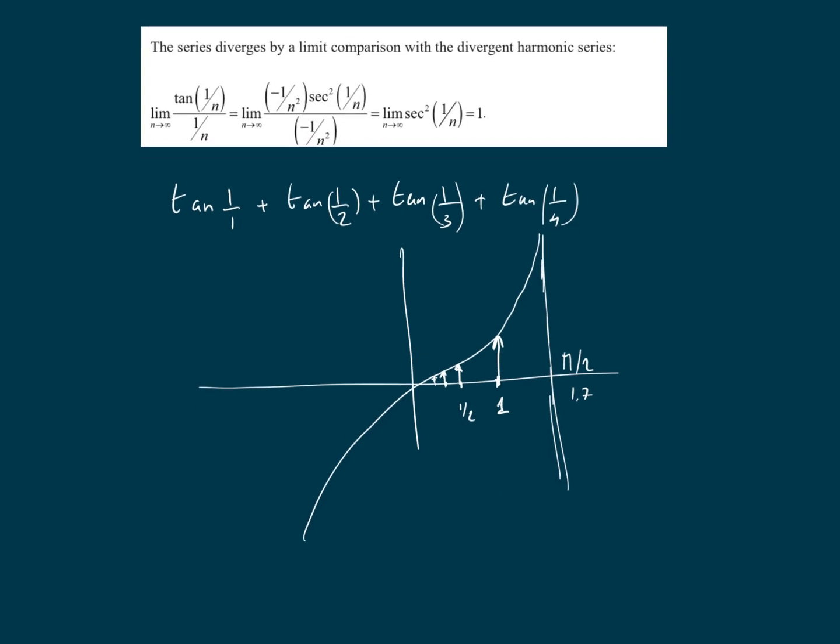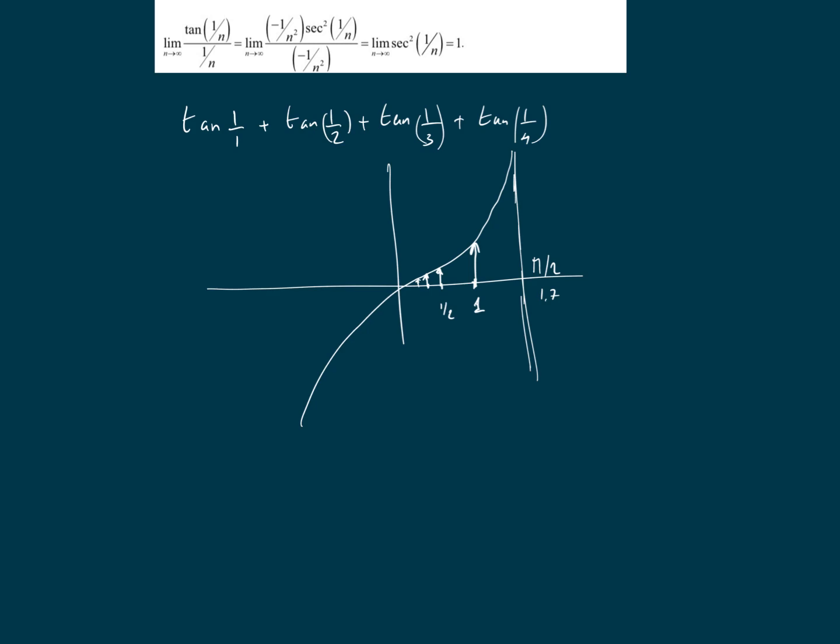The limit comparison test will tell me if this diverges, because the divergence test will not tell me.